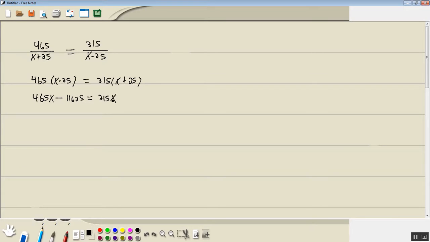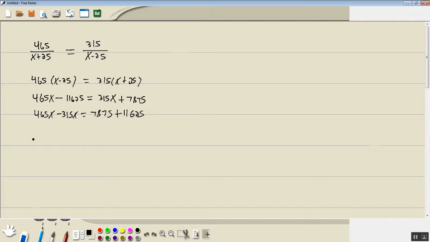I'm not very good with these with the wind and against wind problems. 315 times 25. 78.75. Okay, right away I notice that, oh no, never mind. 465x, bring the 315 over, and take the negative 11,625 over, becomes a positive 11,625.